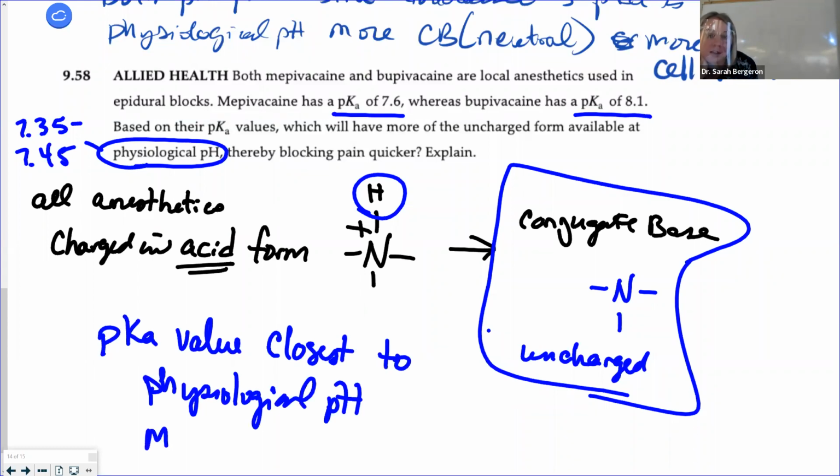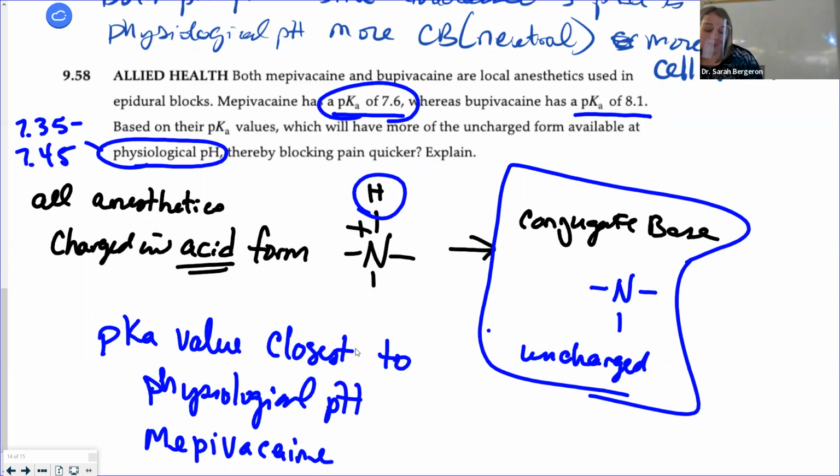Yep, so it's the, and I can't pronounce all of them, but they're all the canes. They all end in cane, C-I-N-E, right? So this one has a pKa value that is much closer to physiological pH. And therefore it's going to act quicker and it's going to block pain for the patient. And that's exactly what you want.